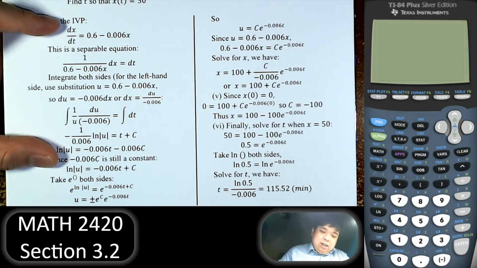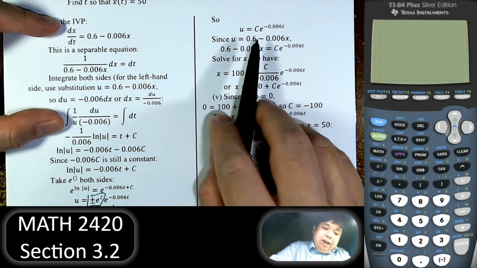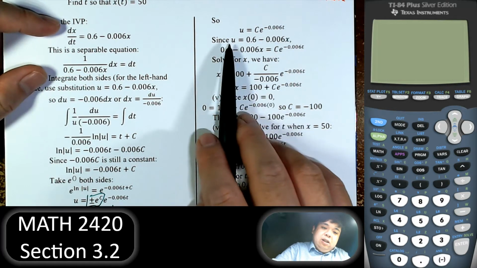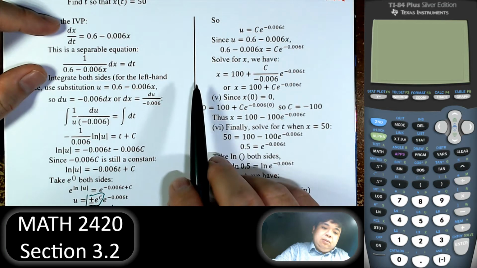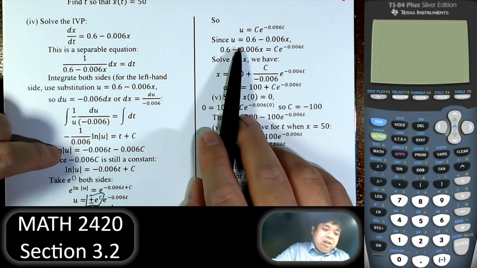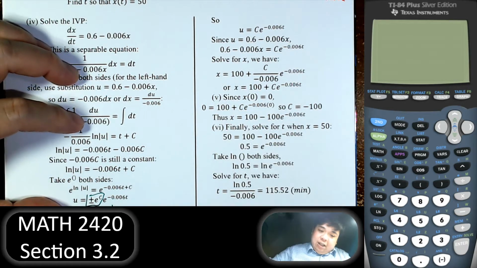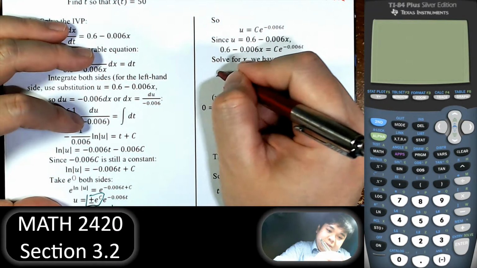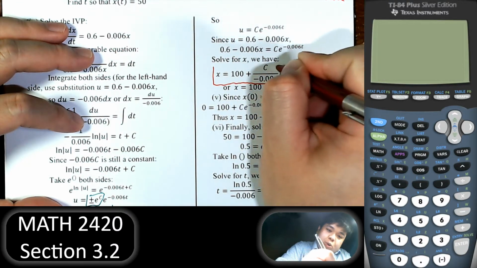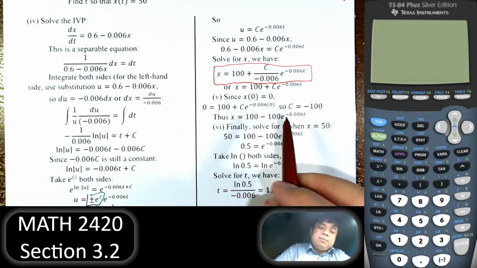Once again, this one is still a constant, and so that is a constant times this. And since u is equal to that, finally we do the back substitution. And we have this is the solution, the general solution with a constant c.